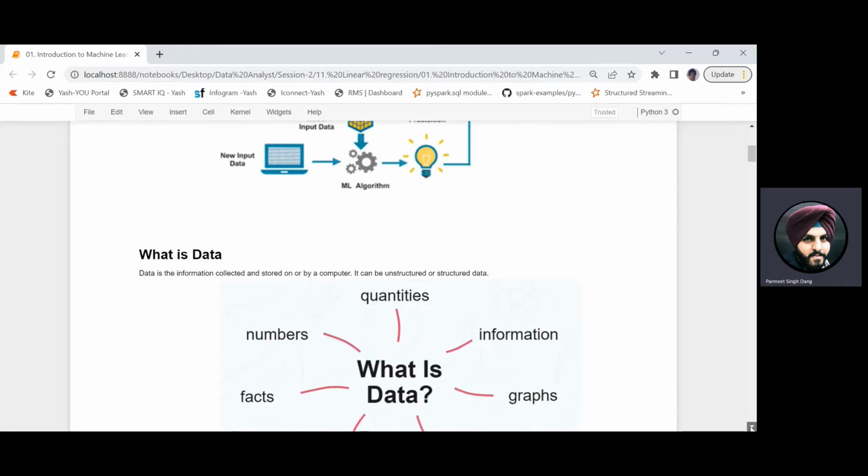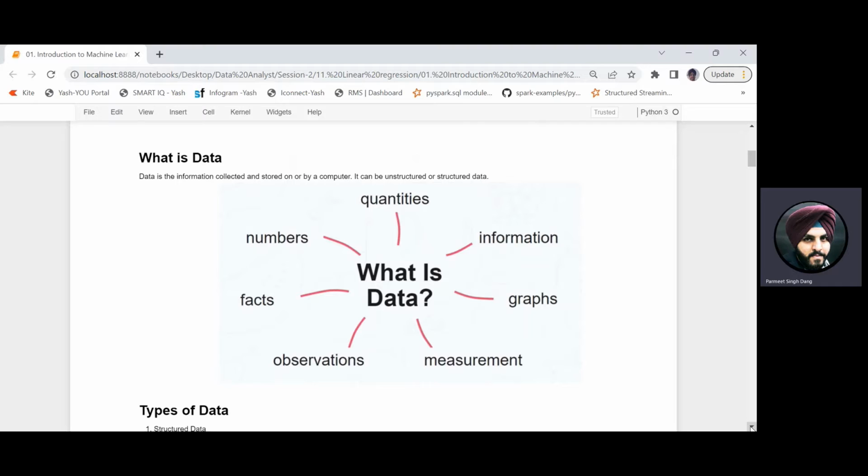Before we move on to actual machine learning, let us first understand about the data. What is data? Data is any information that is being transformed, stored, collected or retrieved. I am talking to you and you are storing this information, that becomes data for you.